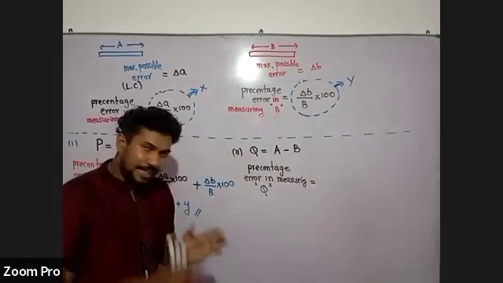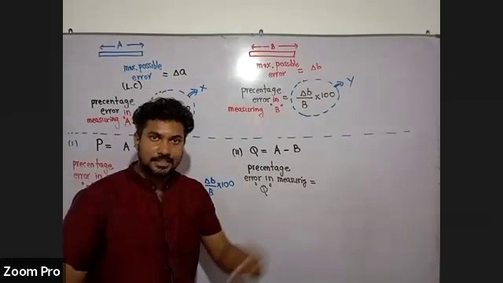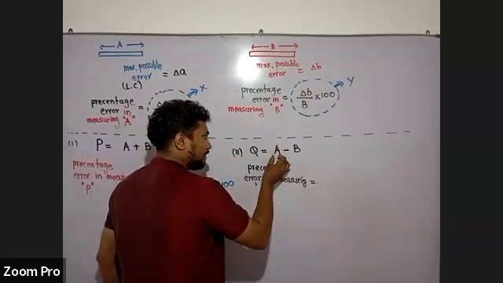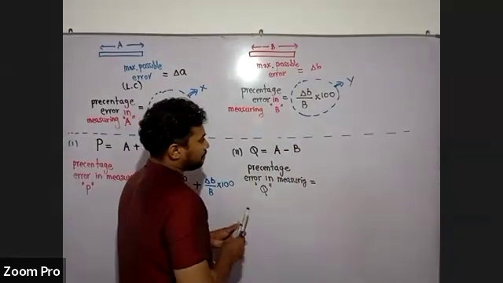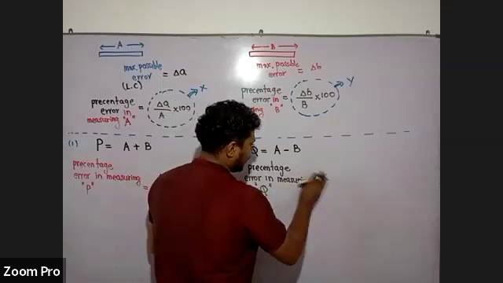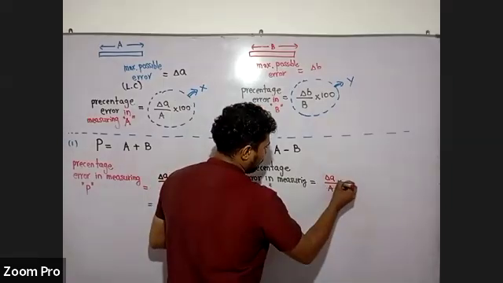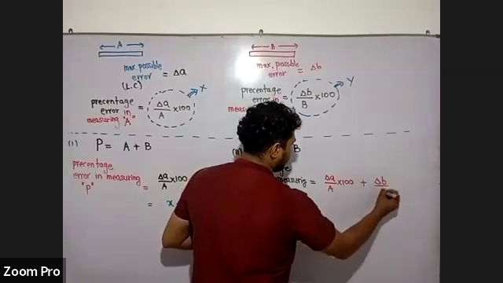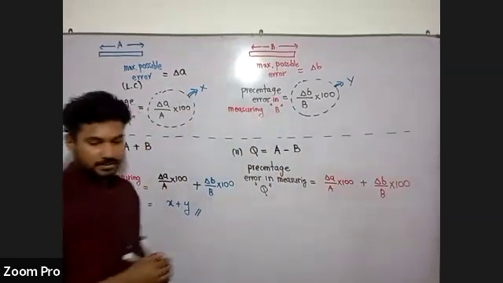So, in any instance, I mentioned that errors always add to each other, right? So even if there's a subtraction between A and B, the errors should always add to each other. Then this can be represented as: this is the error measuring A, that is delta A over A into 100, plus this is the error when measuring B. Errors always add to each other.